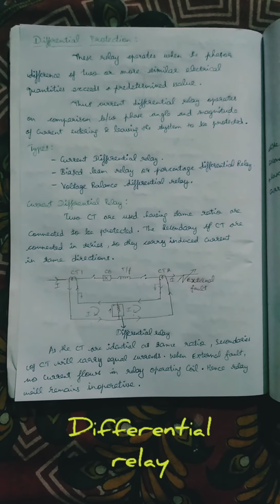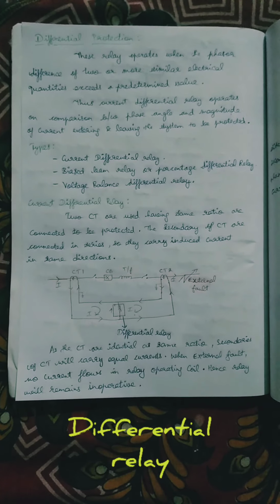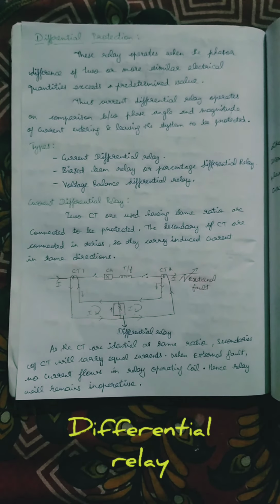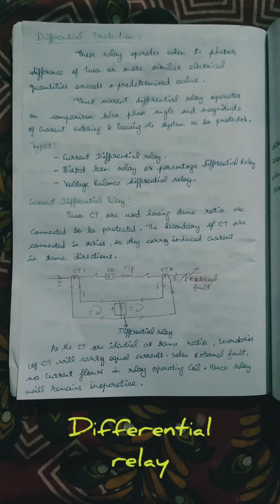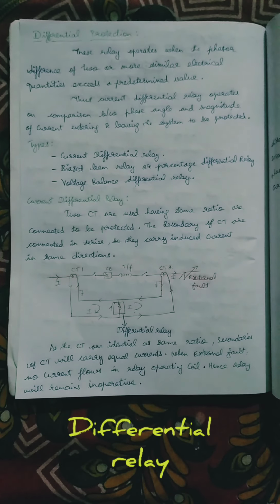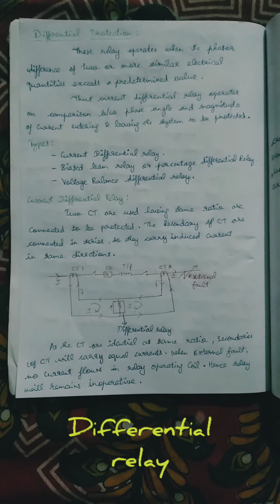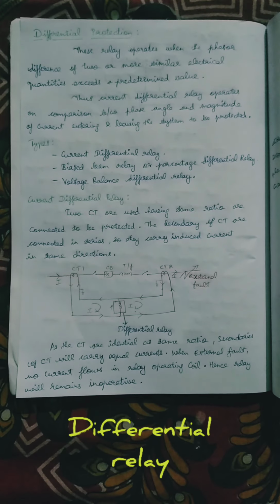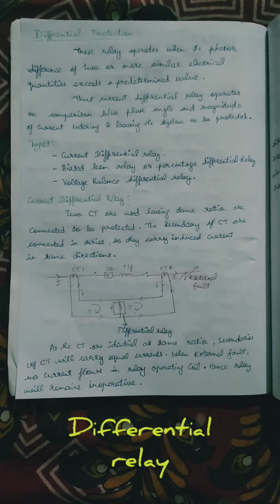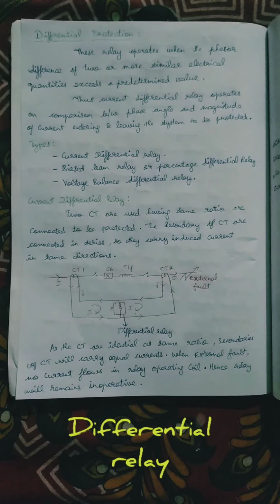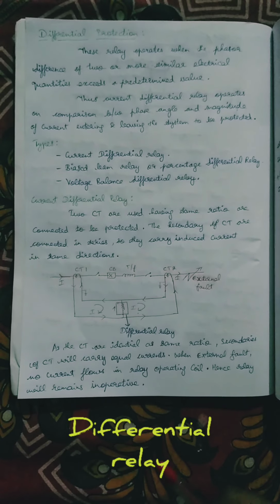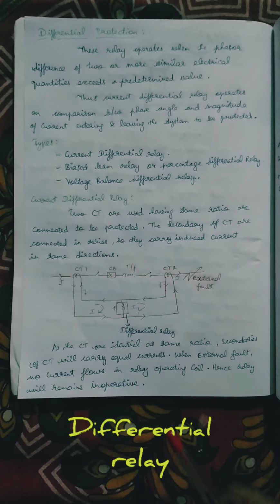Also one incomer with a numerous number of outgoing, in this way the connection is called a T differential. If the differential is applied on a cable, it's a cable differential. Likewise the differential concept is the same, but the locations differ. So according to the location, the names also differ.